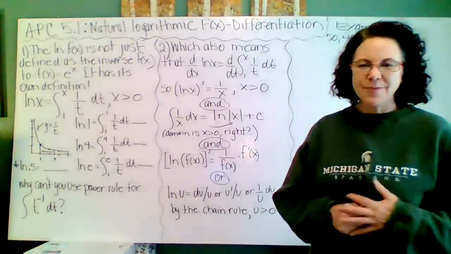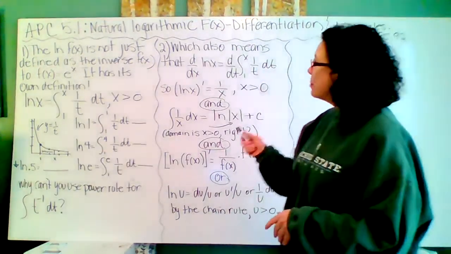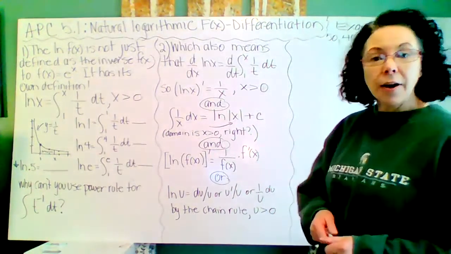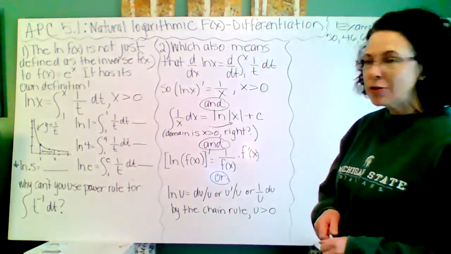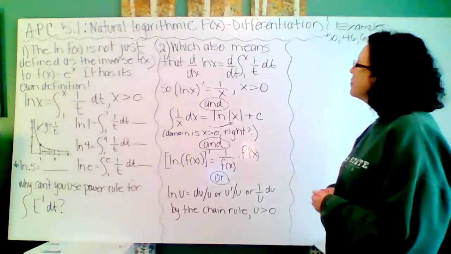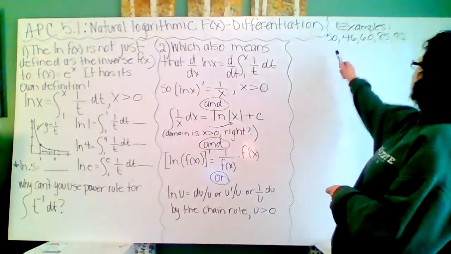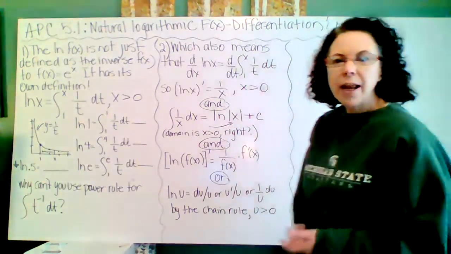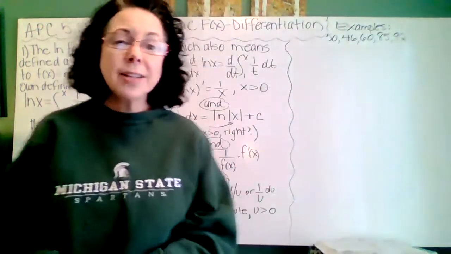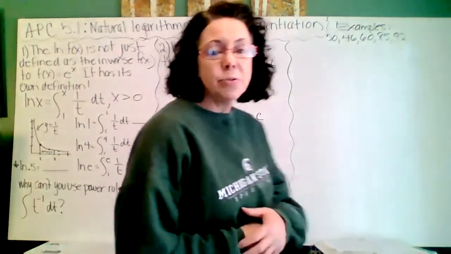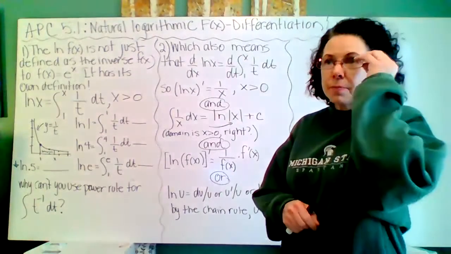Here's our first section for semester 2. 5.1, natural logarithmic function. We're using differentiation on the natural log function. First thing I want you to know is notice that your homework actually starts in the higher numbers. What happened to the earlier numbers? You already did the earlier numbers. Remember, you did a pre-calculus review of chapter 5.